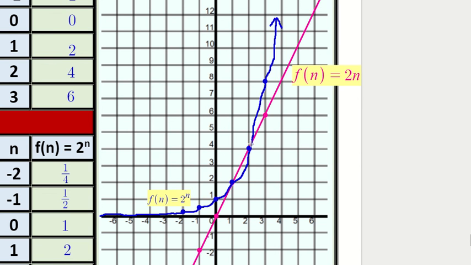Beyond that point, our exponential function is headed almost straight up, not quite, but very much in the upward direction, where the line has that slope. So from this point on, the exponential is going to increase a lot faster than the linear. And that's why those exponential numbers get really, really big over time. And that is our graph for exercise 3.